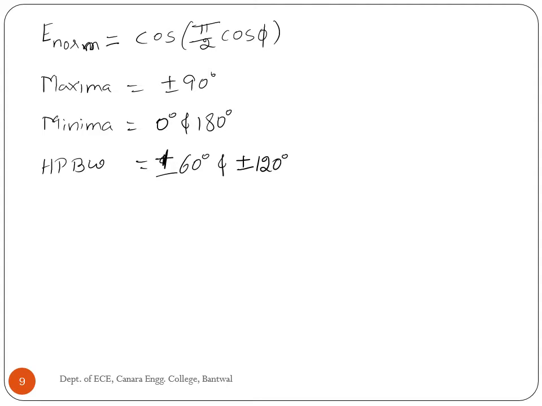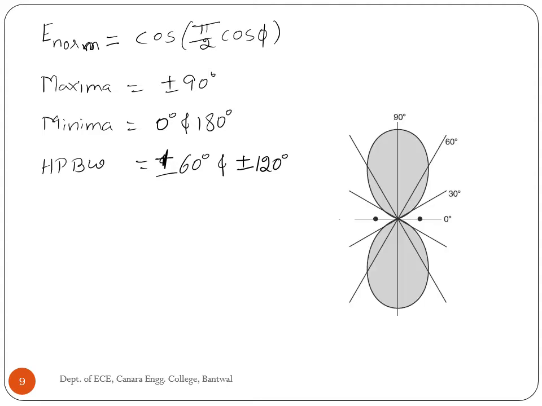When you plot relative field pattern for the case 1, that is two isotropic point sources having the same amplitude and phase, we get the field pattern like this, where plus 90 degree and minus 90 degree show the maximum direction, minima direction 0 degree and 180 degree, half power point direction 60 degree, minus 60 degree and plus 120 degree, minus 120 degree.